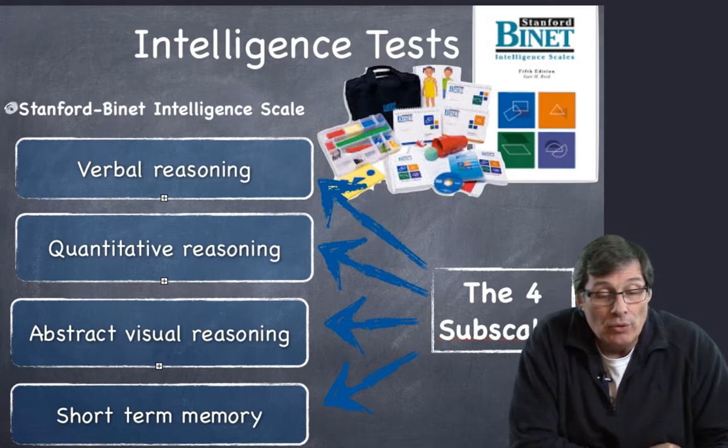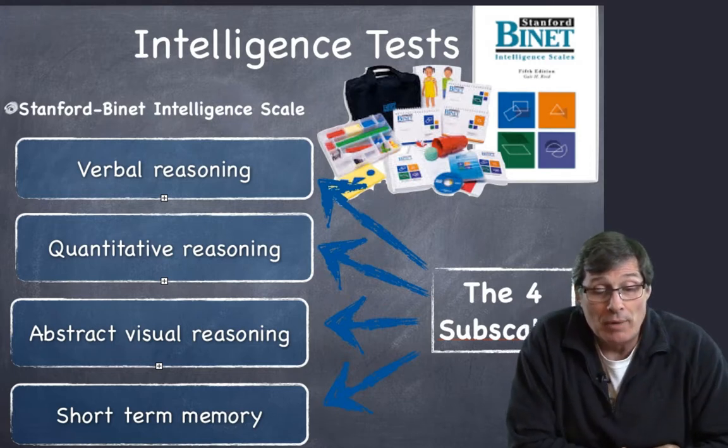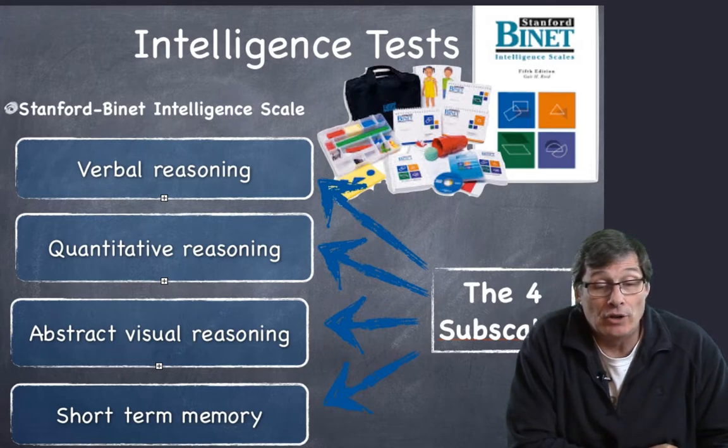Now, the IQ is an index of intelligence originally derived by dividing mental age by chronological age, and then multiplying by 100. Now derived by comparing an individual score with the scores of others of the same age.